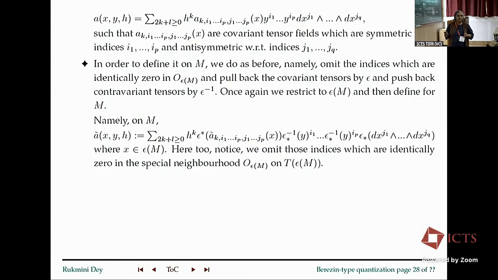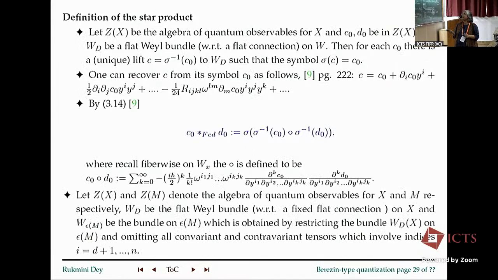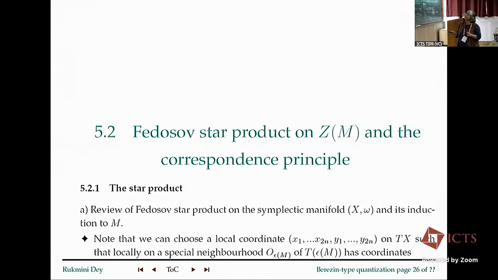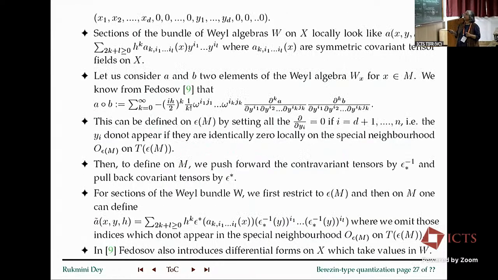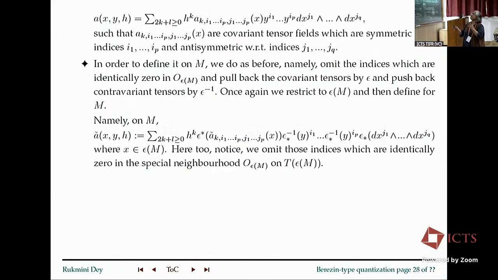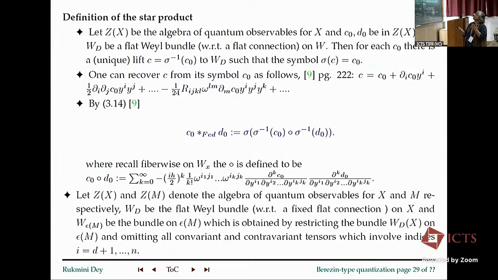Any questions? Yeah, sorry. So that's why A0 tilde, sorry. Phi, right? Yeah, so phi is that entire map. I had defined it somewhere, but I lost it. Phi is that entire process of first restricting to epsilon m, then removing all the coordinates which are not relevant for us, and then epsilon star and epsilon star inverse.